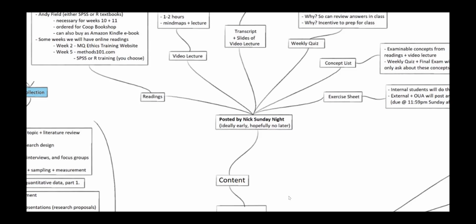So one of the things I'm going to do to cut you a deal, make your life a bit easier, is to say, look, every week there'll be between 5 and 15 concepts, and they're ultimately the only things you'll be examined on for the quizzes and for the final exam. So focus on those. The rest of it, enjoy, learn, but don't get overwhelmed by the massive content that is inevitable at some level with a course like this.